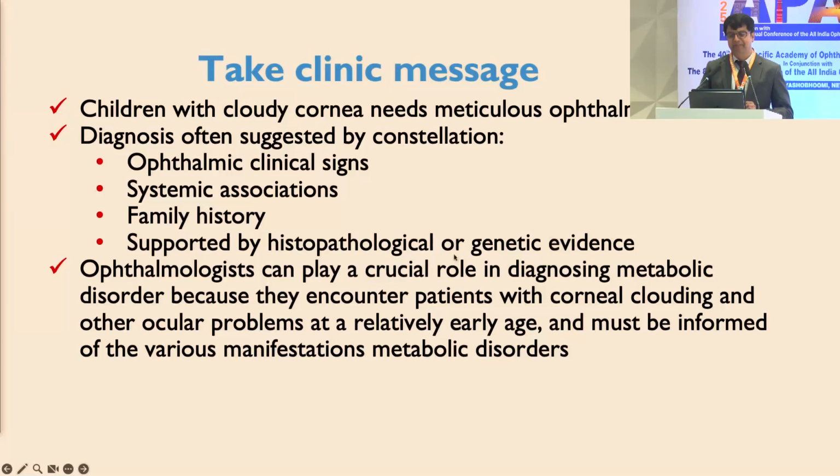It is always important to have those allied branches, so that it helps in taking care not only of their vision but also the life of the child. And since many of them have a genetic origin, genetic counseling is very important. Maybe in 2 to 3 generations, we should be able to eliminate these conditions if we really focus on them.